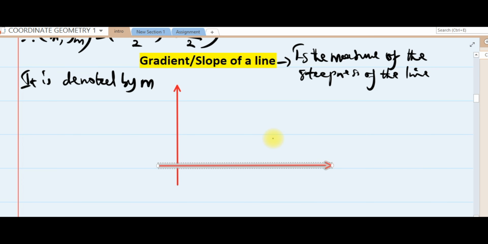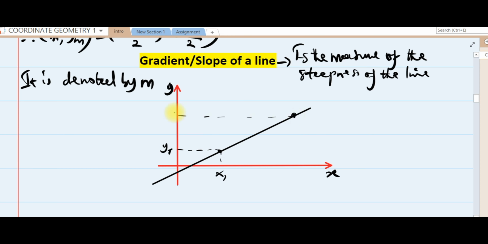Assuming I'm to find the gradient, which is the measure of the steepness of the line, we need two points, x1, y1 and x2, y2. To get the slope of this line, we must form a right angle triangle.